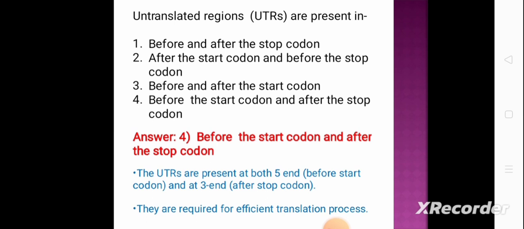So the UTR region, that is the untranslated region, is present before the start codon and after the stop codon, because after that the translation is completed. Okay, thus you can remember this.